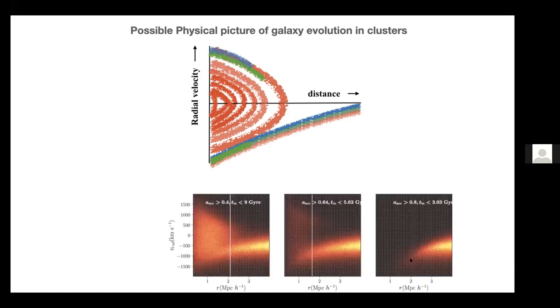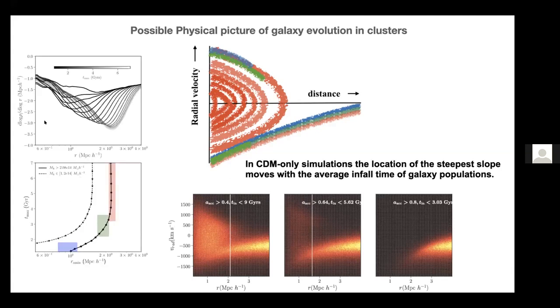So we also look at this in simulations. We split galaxies based on their infall times, and we measure where the location of the steepest slope is in their density profiles. And we find that as a function of infall time, we can see that the location of this feature moves.